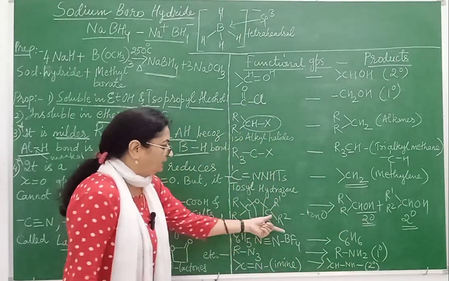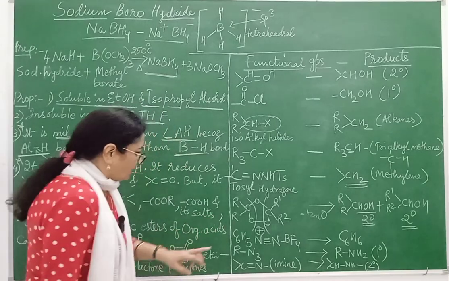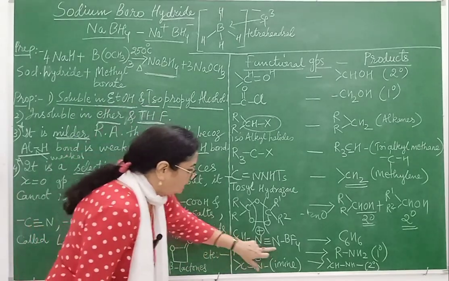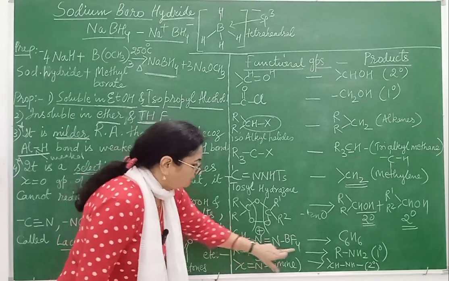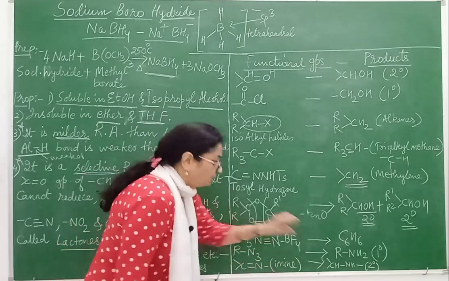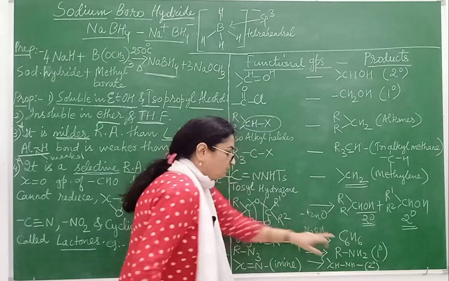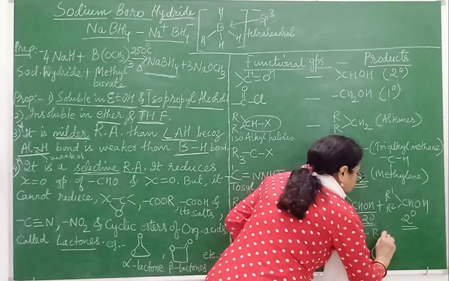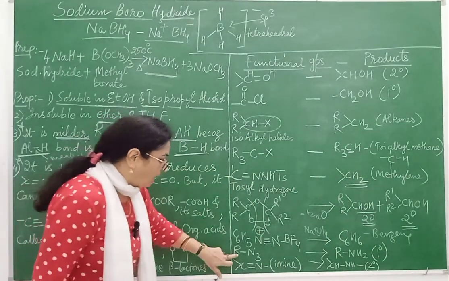Here also we get an aldehyde that gets reduced to a 2-degree alcohol. Now here you can see benzene diazonium tetrafluoroborate. This gets reduced by sodium borohydride into benzene. C6H6 is benzene.